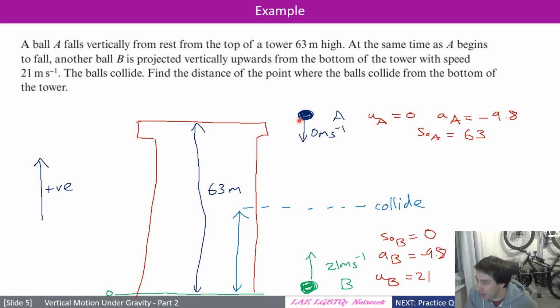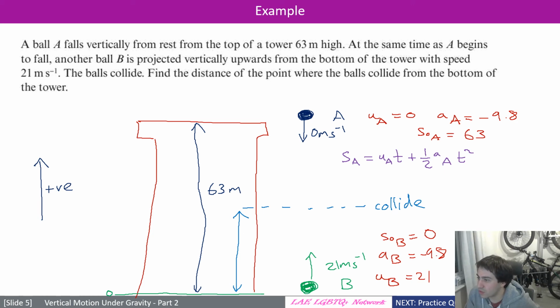Right, so now let's write the equations for each of these objects. So the displacement s of A is going to be equal to ut plus a half at squared. So that's u of a times t plus a half the a of a t squared.